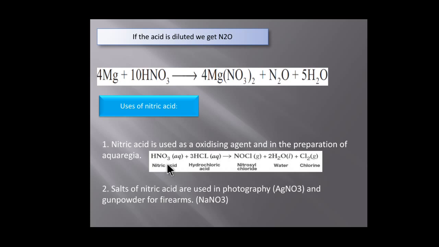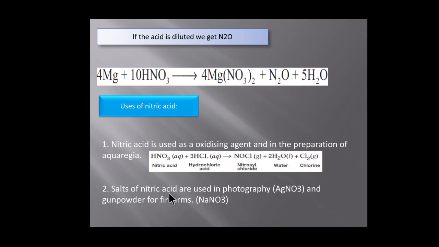When HNO3, nitric acid, reacts with 3 moles of HCl, it gives nitrosyl chloride, water and chlorine. Is it clear? This reaction is the aqua regia reaction. So nitric acid is used as an oxidizing agent and to prepare aqua regia.